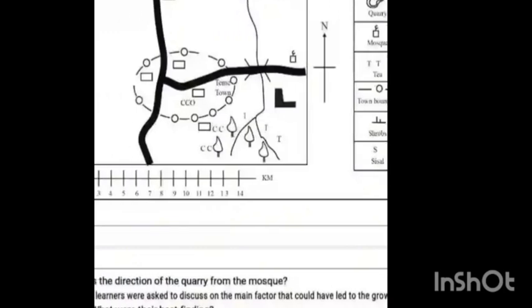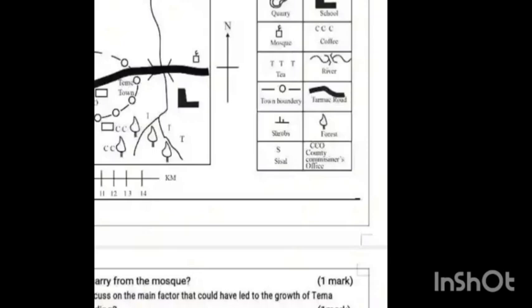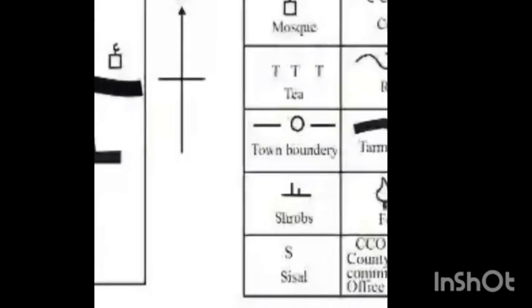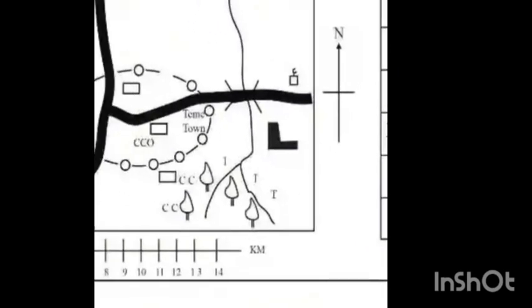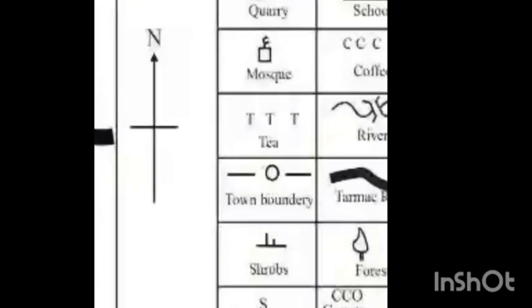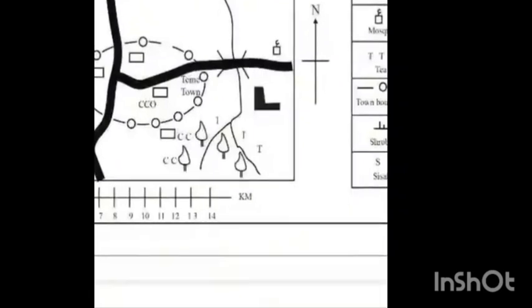So they want the direction of the quarry from the mosque, so you have to know where the mosque is, and we have seen it's here. So on the map it's here. The quarry, this one, it is here. So you come and place your compass rose.